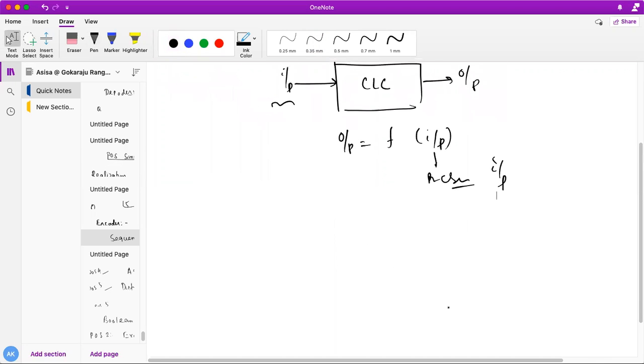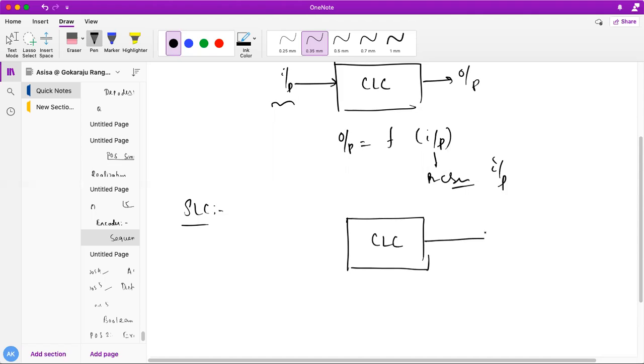But in a sequential logic circuit, along with the combinational logic circuit, there will be a feedback path from the output to the input, which stores the previous output.